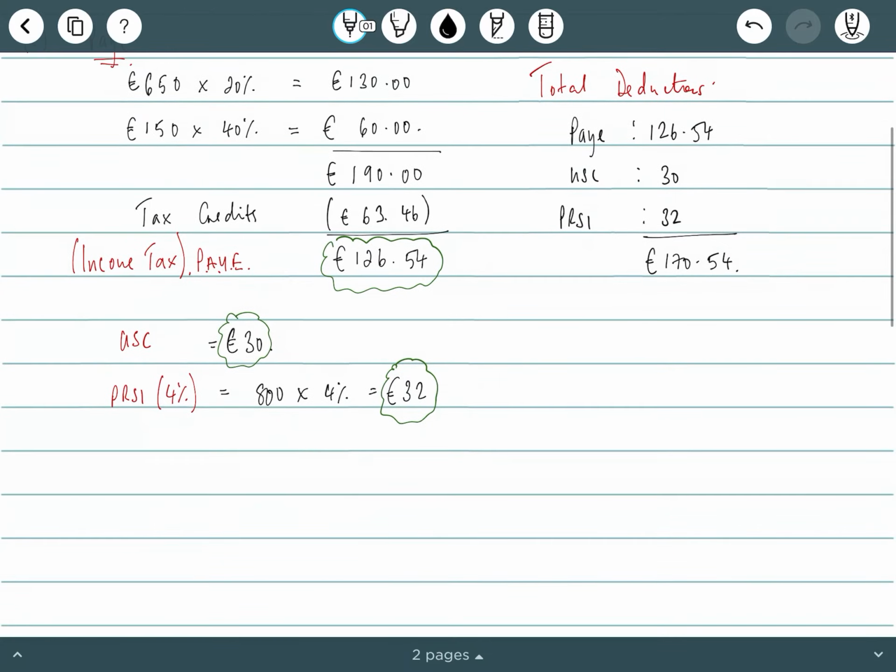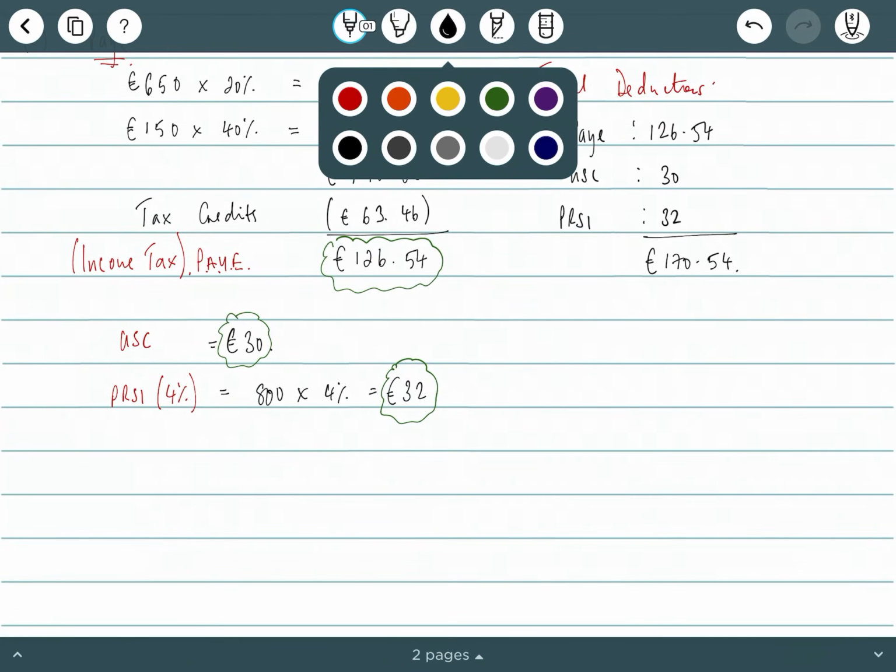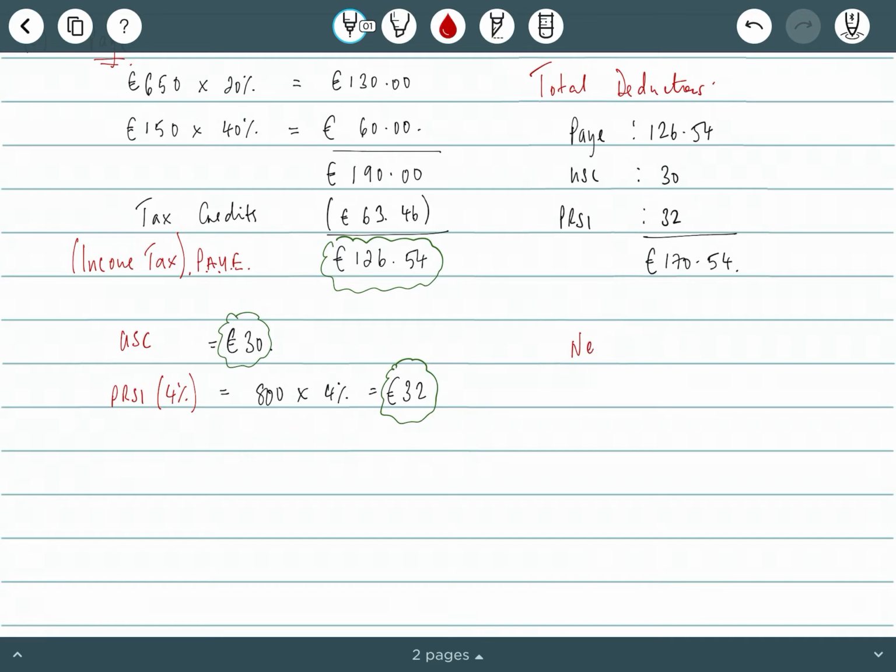Now to get your take-home pay or your net pay, lads, your net pay, also known as take-home, what you actually physically will be taking home with you, is your gross wage or your gross pay. In this question, your gross pay was €800. We're going to minus our deductions, which was 170.54.